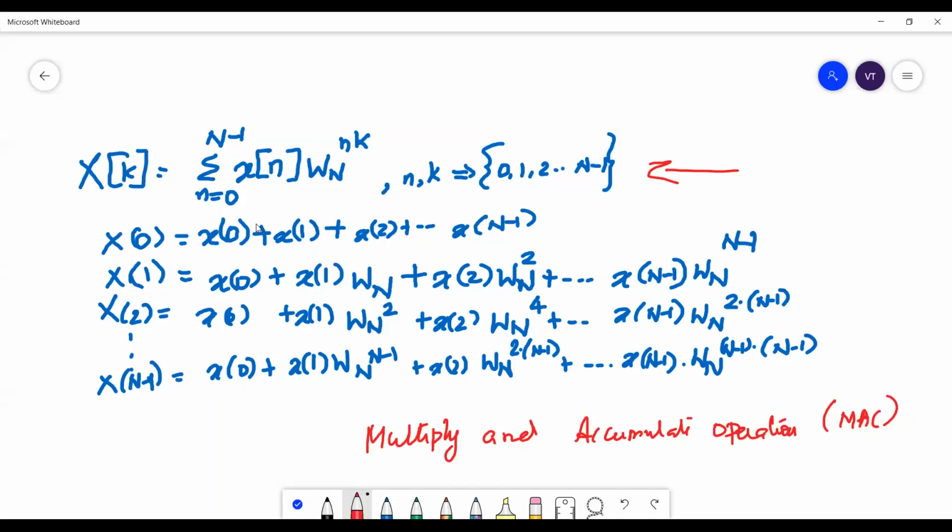The hardware itself does multiply and accumulate. For example, if you feed to this multiply and accumulate operator one array containing x of n and a second array containing w raised to nk, then the hardware structure itself can compute the sum over n equal to 0 to n minus 1 of x of n w raised to nk.